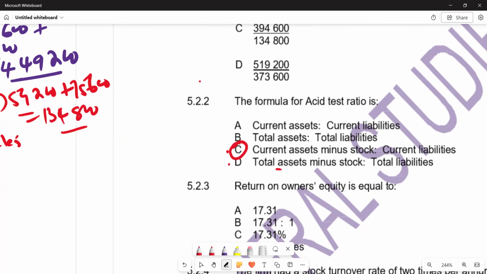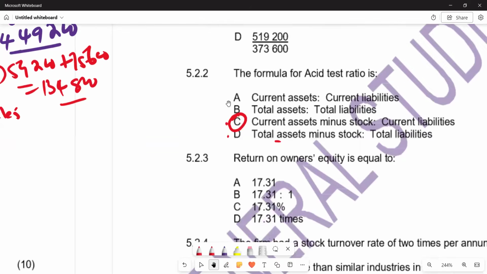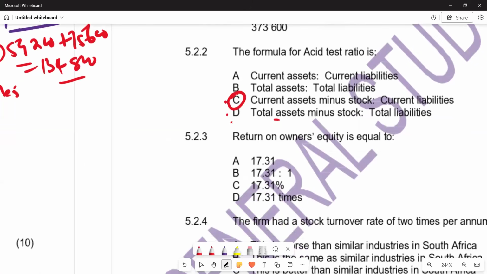Then 5.2.3, return on owner's equity. So the formula that we are going to use for return on owner's equity, we are going to say our net profit that we have over our capital.